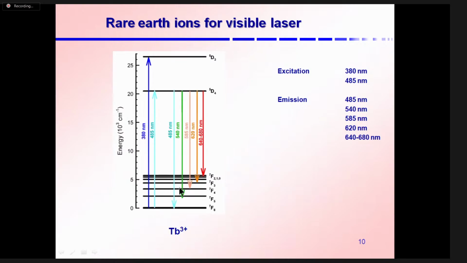The most intensive wavelength is the green one at about 540 nanometers. This material can also be excited by blue diode lasers operating at 380 or 485 nanometers, this direct transition.